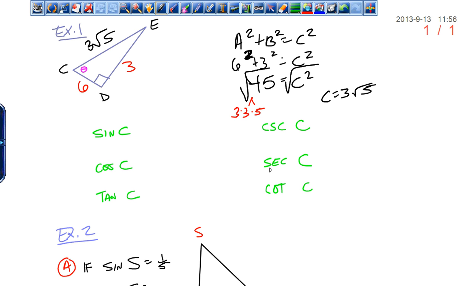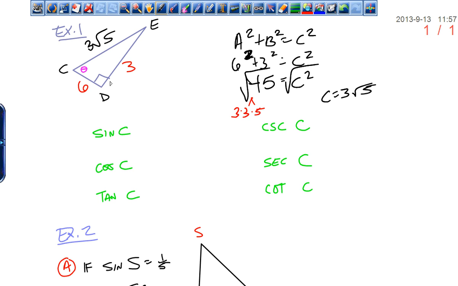All right. Sine of theta. That's opposite over hypotenuse. So we're talking about in relation to theta right here. What side is opposite? Is it DE, CD, or CE? Which one is opposite from theta?